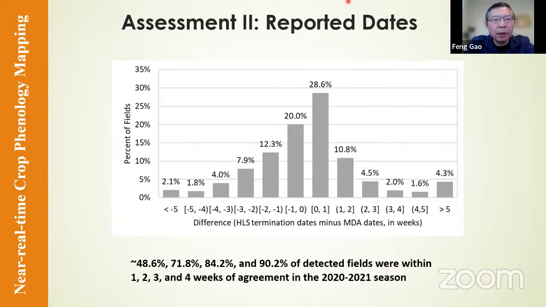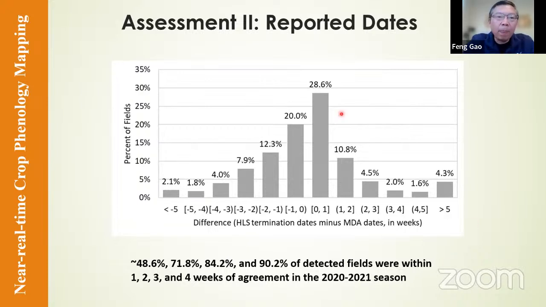This is the difference between the HLS detection data and the MDA data, Maryland Department of Agriculture, in weeks. We found 48.6%, 71.8%, 84.2%, and 90% of detected fields were within 1 to 3, 4 weeks of agreement in the 2020 to 2021 season.